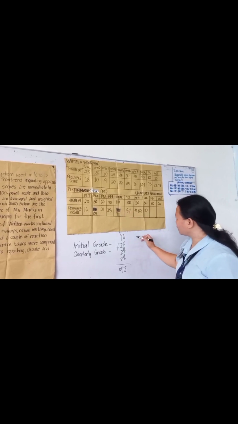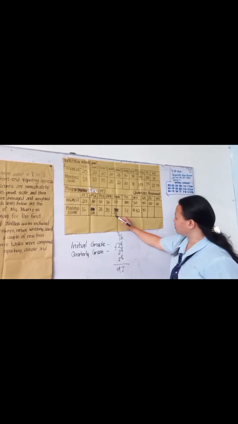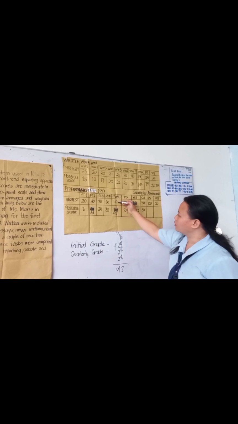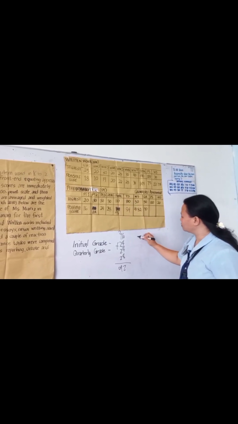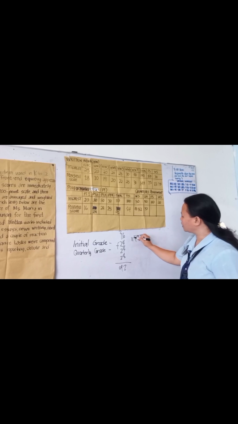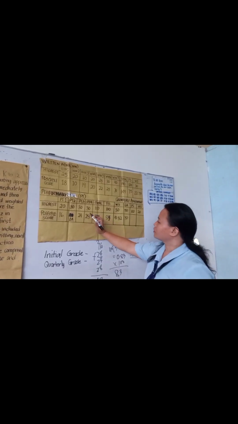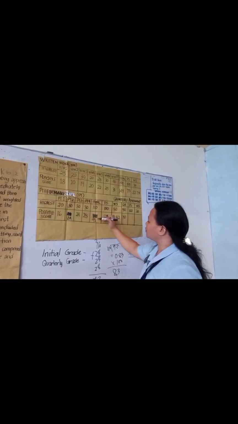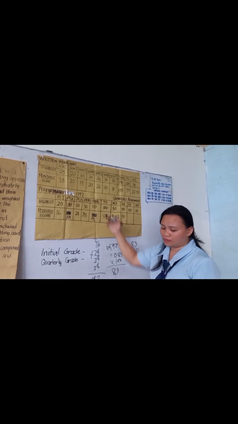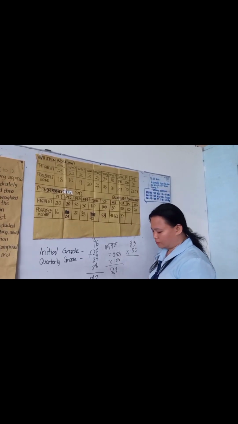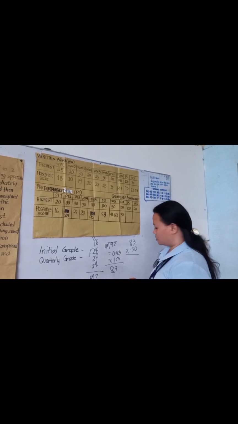And we're going to divide 92 by 110 to get the percentage score. So it's 92 divided by 110.